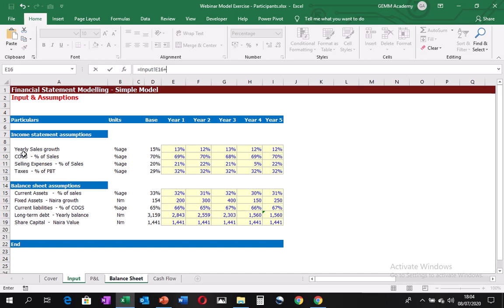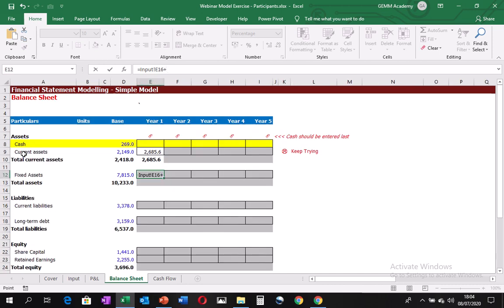You can find that in the balance sheet. Control Page Down to move to balance sheet. Then the balance sheet figure for the base year is 7815. So the Naira growth in the fixed asset plus the base year will give us what the current year figure will be. Then I extend this total, Ctrl R.